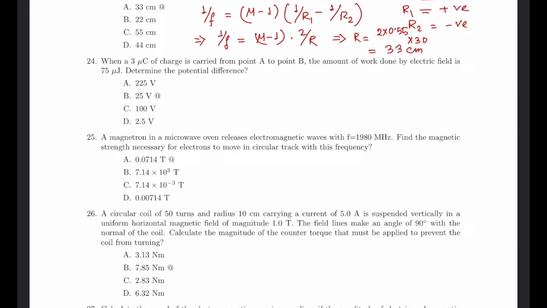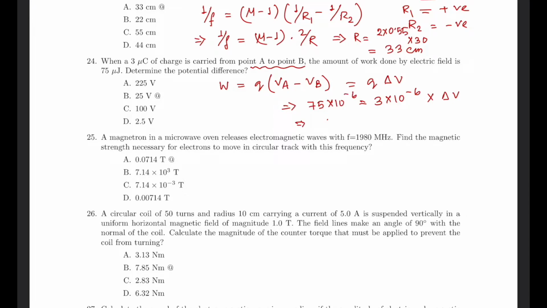The work done for taking the charge from point A to point B is the charge times the potential at A minus the potential at B, that is Q delta V. Q is 3 into 10 to the power minus 6, and W is given as 75 into 10 to the power minus 6. So you will get 25 volts for delta V, option B.